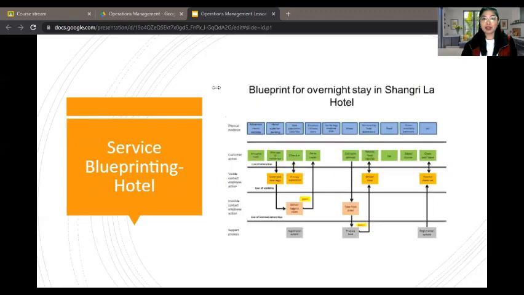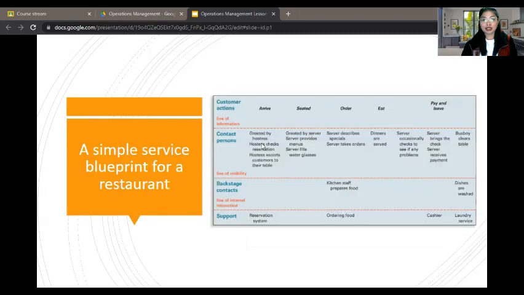Here's an example of a service blueprint for a hotel, the service blueprint of Shangri-La Hotel. This figure illustrates a simple service blueprint for a restaurant. At the top of the figure are the customer actions, and just below are the related actions of the direct contact service people.